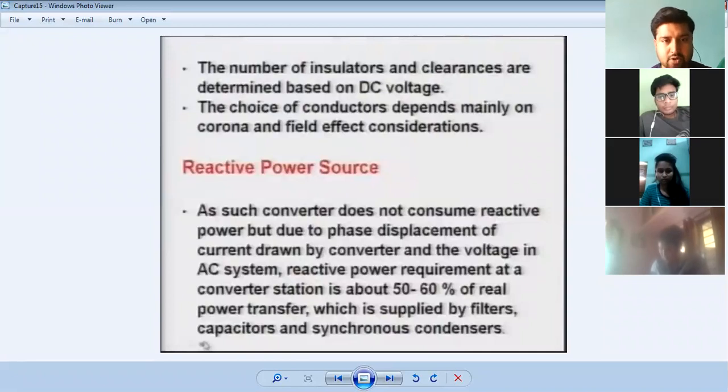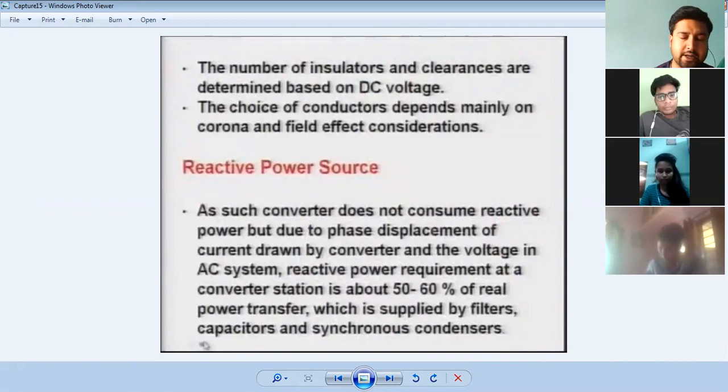Okay. Here we can see due to phase displacement of current drawn by the converter and the voltage in the AC system, reactive power requirement at the converter station is about 50 to 60% of real power transfer.